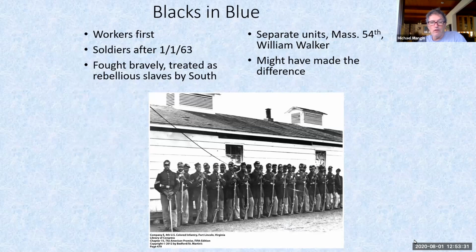So blacks served in the Union Army. They made up about 10% of the Army. They were workers first and soldiers after 1863. They fought bravely, but they were considered rebellious slaves, so they were not taken prisoner.